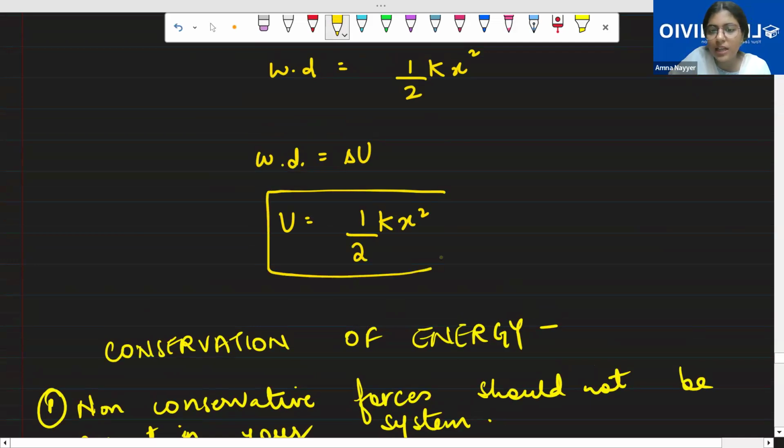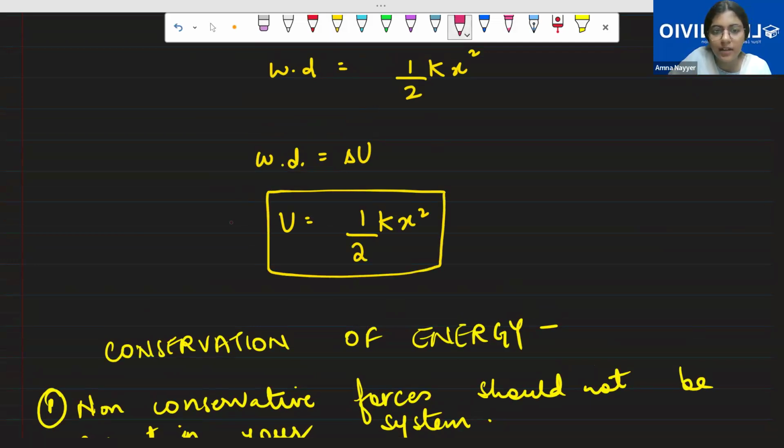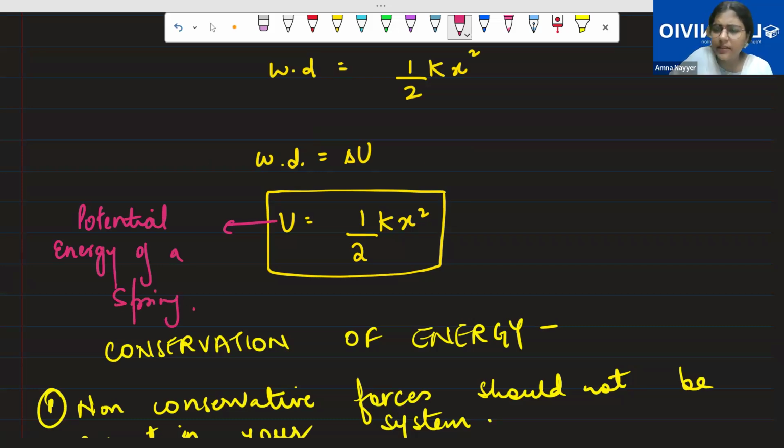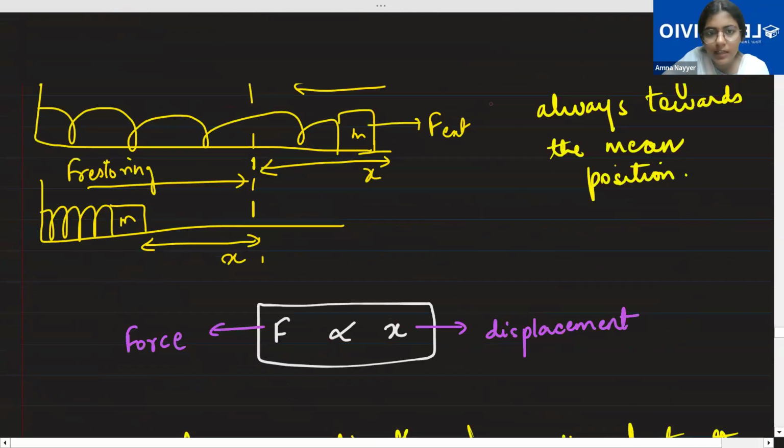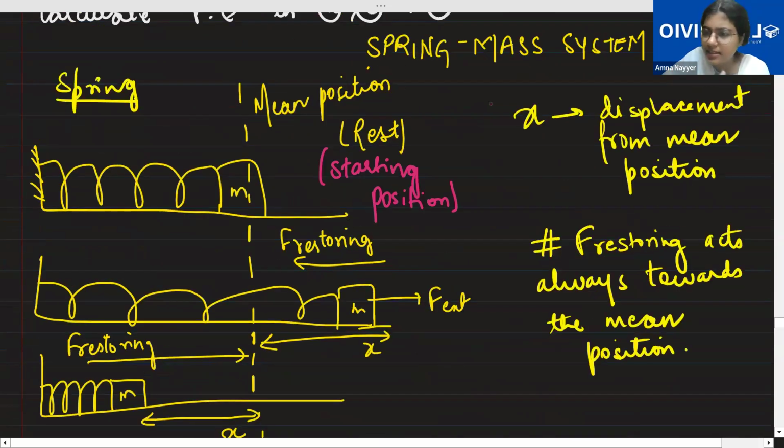This is the potential energy of a spring. Okay, clear? Easy derivation, simple integration. Please write it down, and if there's any trouble with any part, please ask.